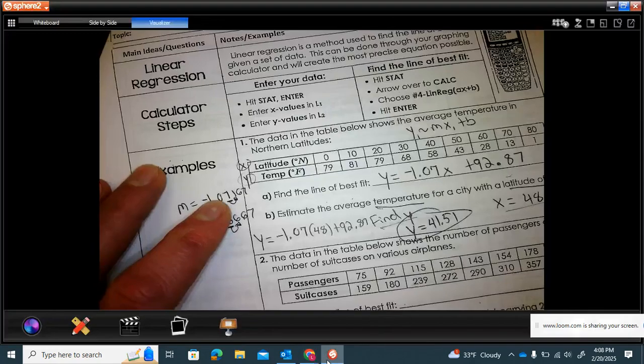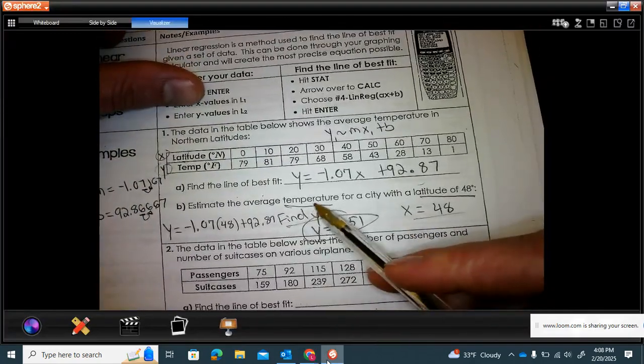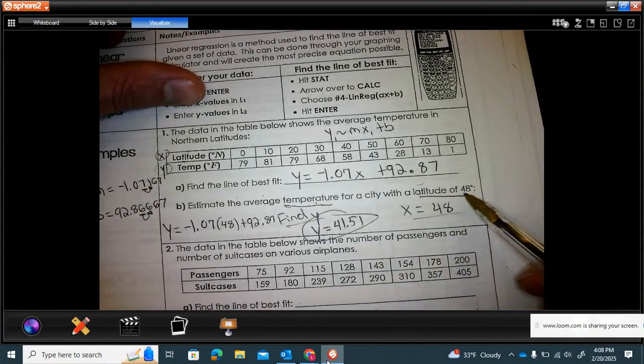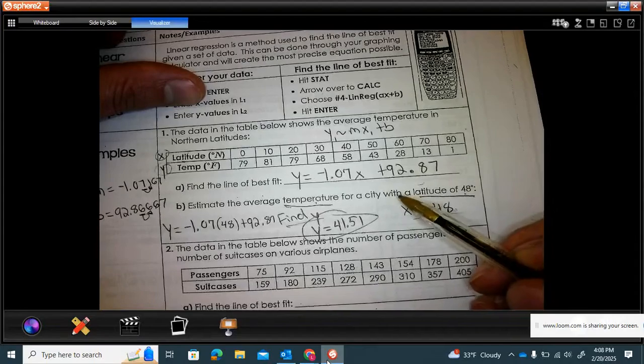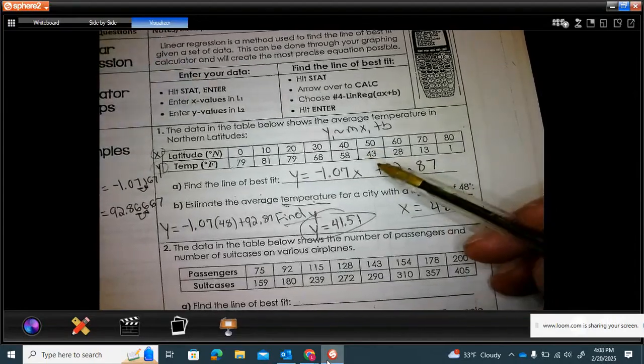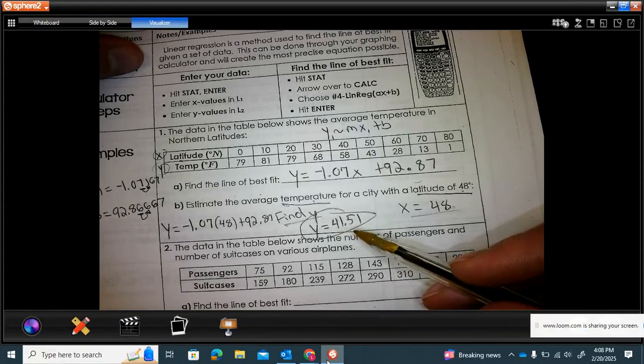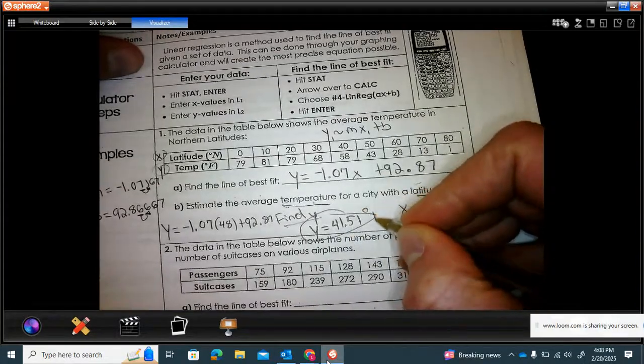Okay, so going back to my paper, it says estimate the temperature when a latitude is 48. So when the latitude is 48, we estimated, we predicted, we didn't actually have real data, but we predicted that the average temperature would be 41.58, and that's degrees Fahrenheit.